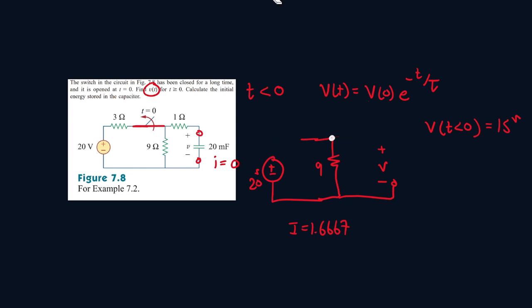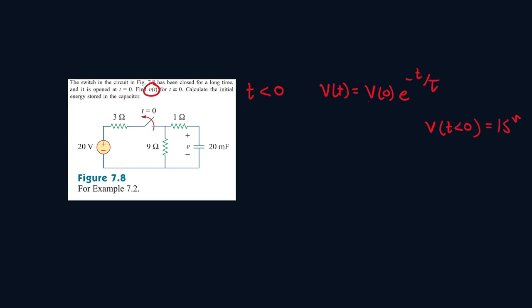So let me erase this circuit, and let's go to when t is equal to 0. When t is equal to 0, the circuit looks like this, and we have our capacitor back. So what does this mean? Well, when t is equal to 0, v at t equals 0 will still be 15 volts, because the voltage at a capacitor can't change instantaneously.